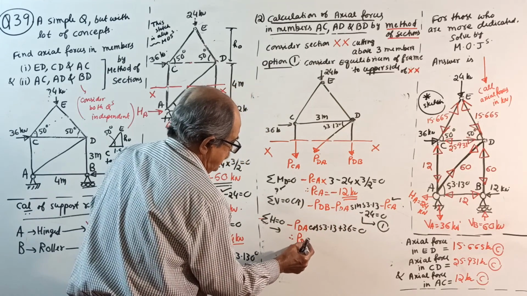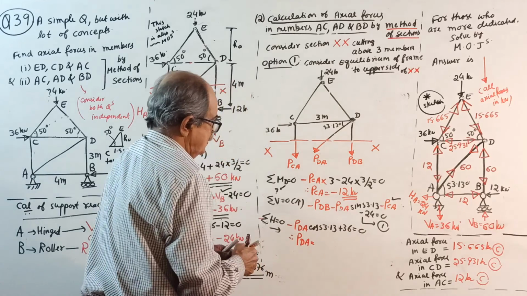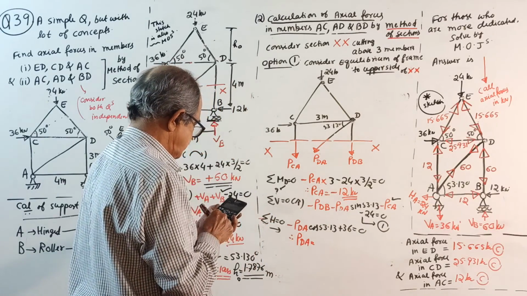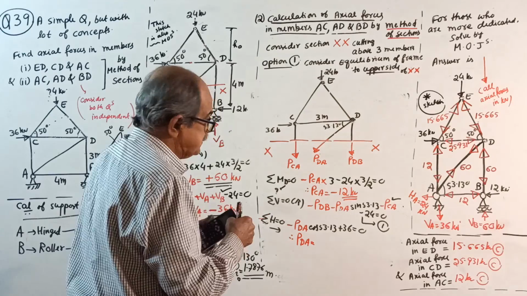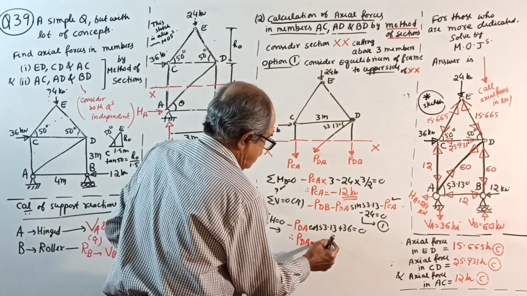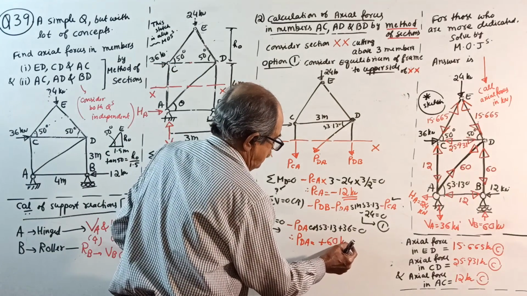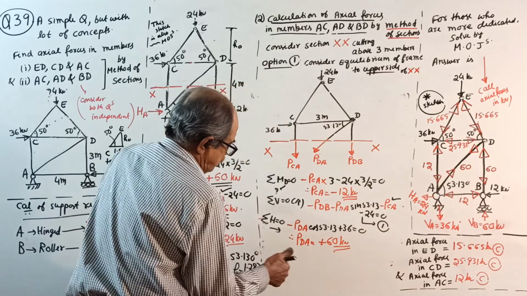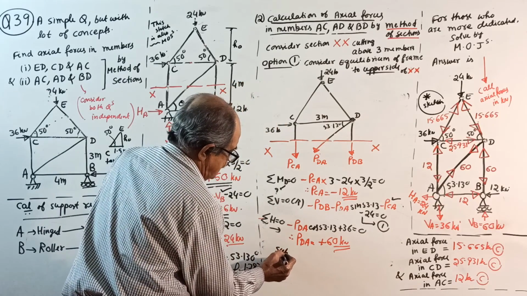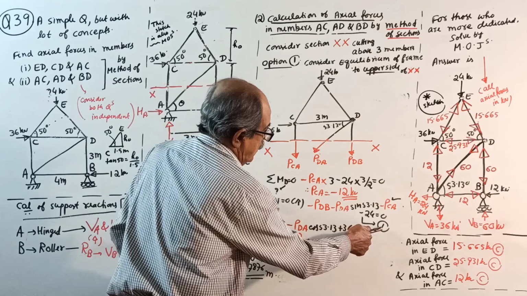Therefore, your PDA will come 36 by cos, 36 divided by 0.6, 60 kilonewton, plus 60 kilonewton will come. Now do one thing. Substitute in 1.